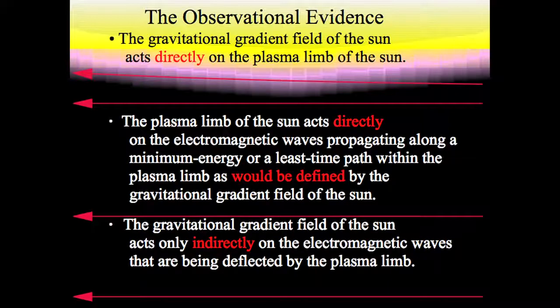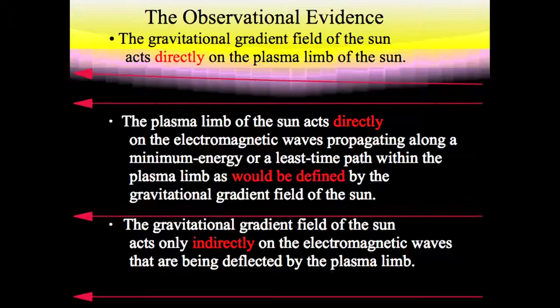And it turns out that that plasma rim is being acted on by the gravitational gradient of the sun, and it has a gravitational profile. When light, or microwaves, or whatever waves propagate through it, you can determine the path of the waves propagating through that, and there's a calculation that allows you to get that. What happens is this plasma limb of the sun acts directly on the electromagnetic waves propagating along the minimum energy path.